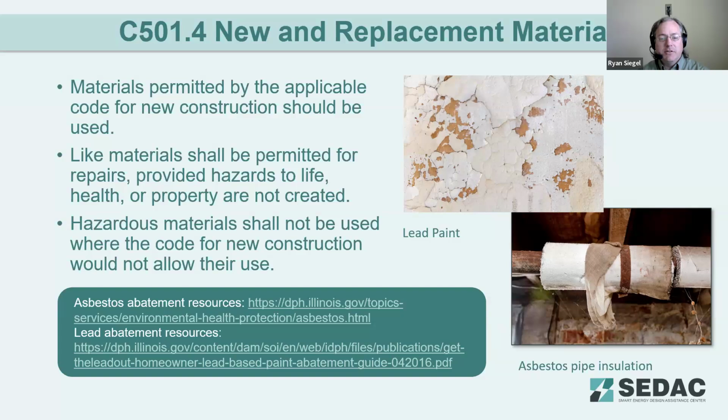Because these are hazardous materials, they are not allowed by the Energy Code to be used for repairs. So if I was to remove this asbestos pipe insulation, I need to go back with new pipe insulation, but that could not be done using asbestos pipe insulation. Because again, these are hazardous materials that we do not want to continue their use.